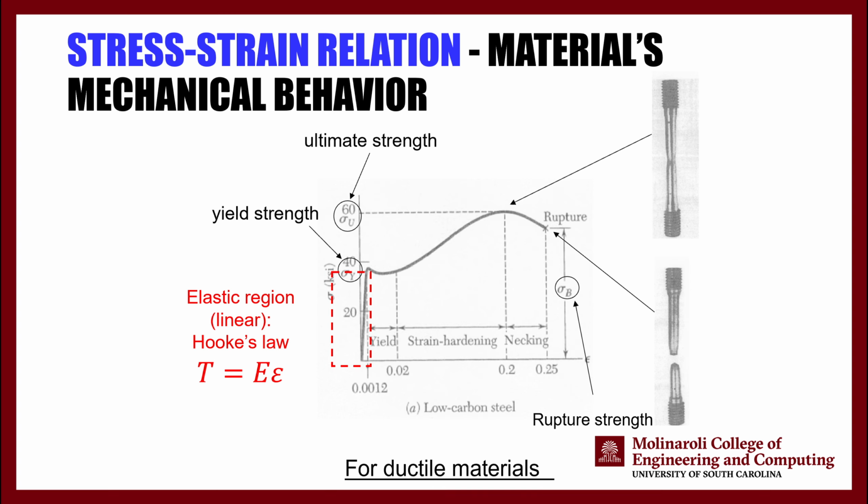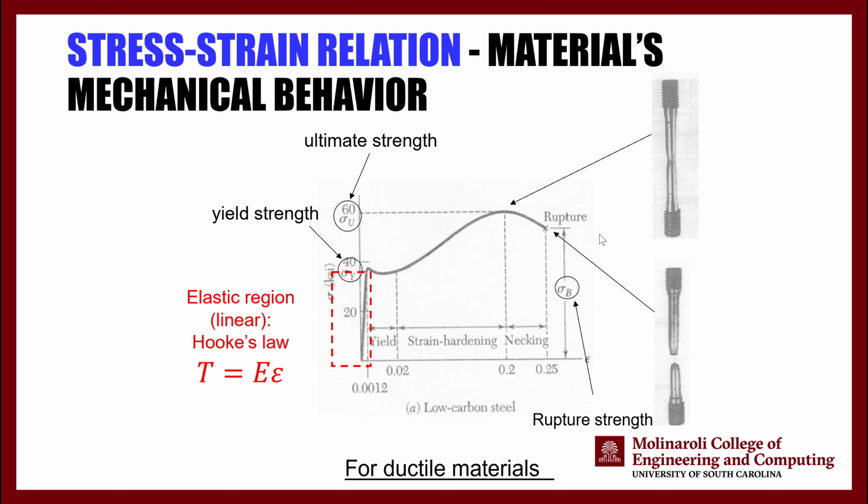A stress is related to a strain through the modulus of elasticity, which is based on Hooke's law. It is going to be our spring constant. So a stress is equal to the modulus of elasticity multiplied by the strain. This only applies to the elastic region.